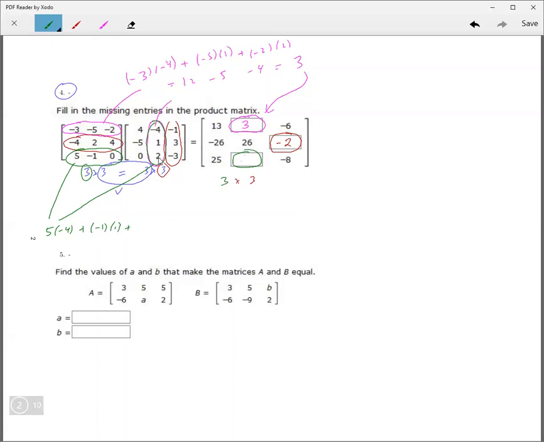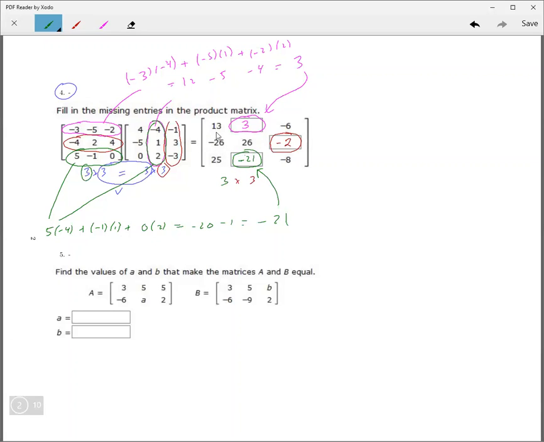And the third one's 0 times 2. So that's -20 minus 1, which is -21. Okay, so that's how you perform matrix multiplication. And that's how all of these other entries were obtained.